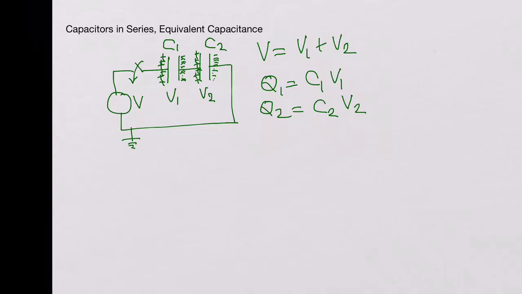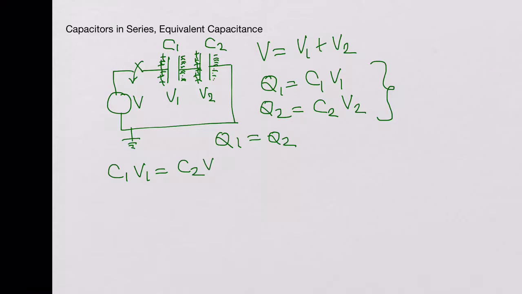And when we looked at the charge accumulation, we see that the charge developed across both the capacitors is the same. So Q1 is equal to Q2. Which means C1 V1 is equal to C2 V2.